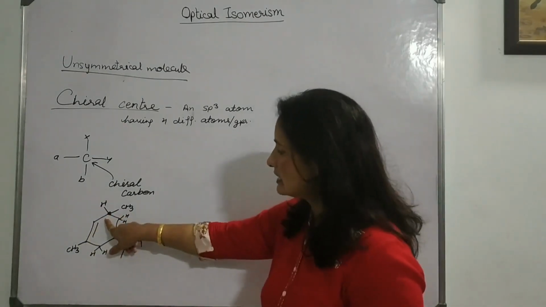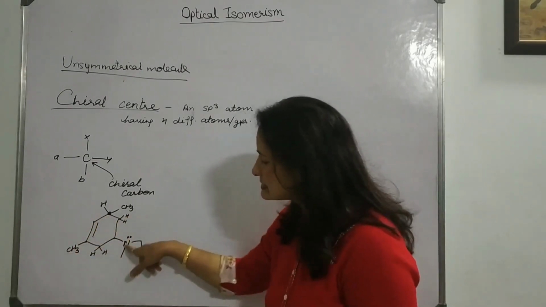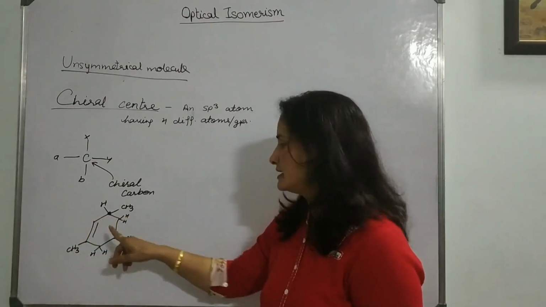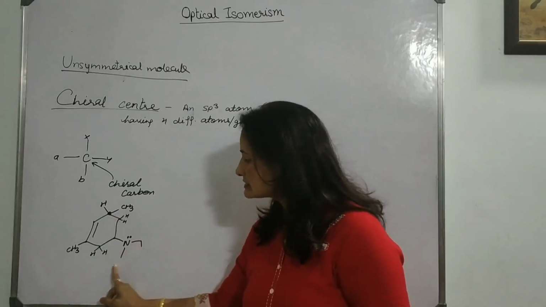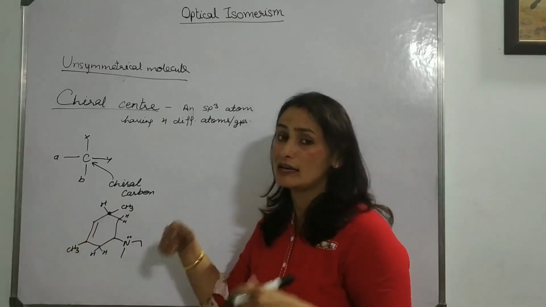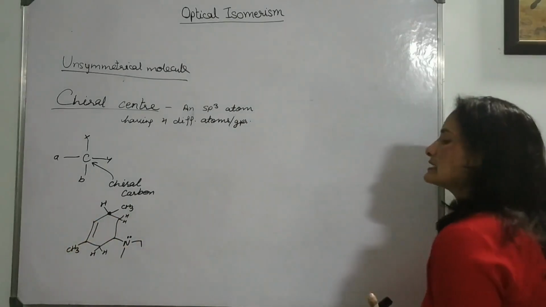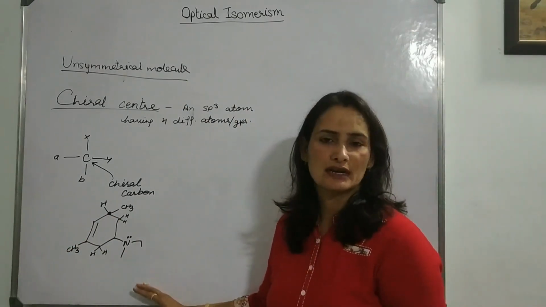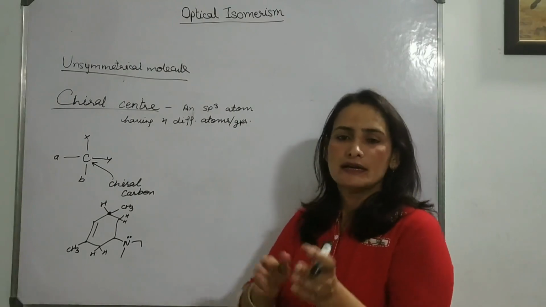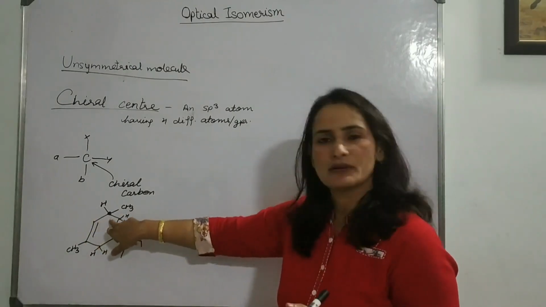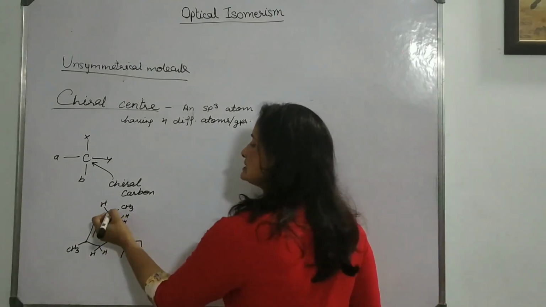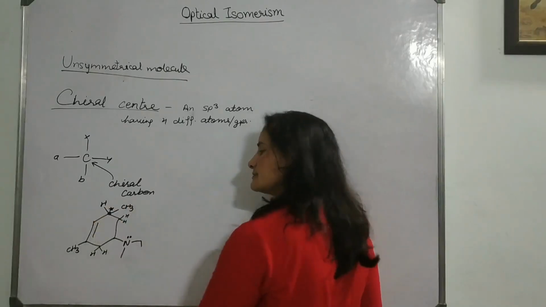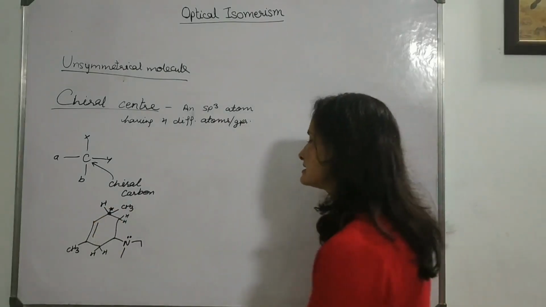You can consider on this bond, the ring is attached, numbering from this side. On this bond, the ring is attached, numbering from this side. And in both cases, you will get different numbers for the same groups present on the ring. So that means the ring is different for the different bonds. Correct? So this carbon is a chiral center. So one chiral center is there.